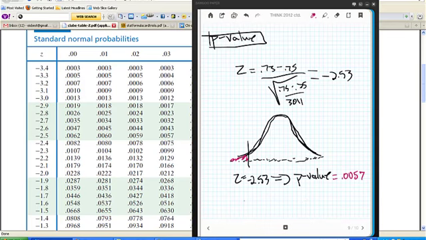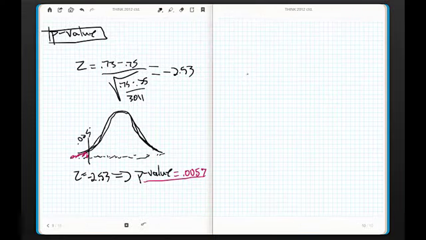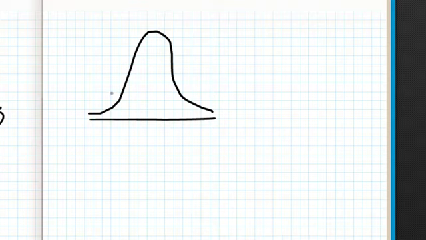But the question is, is it small enough? And the answer is yes. Here's why. I'm going to redraw my curve because that one's just horrific. Because it's two-tailed, I'm going to have a 0.025 on the top end and a 0.025 on the bottom end.